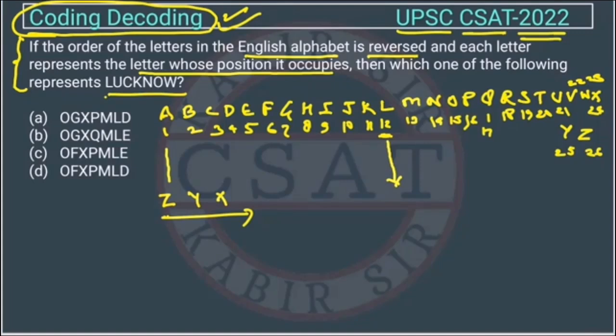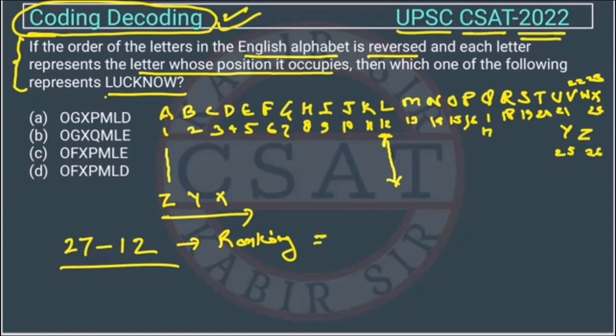We will determine it by subtracting from 27. This is just the concept of ranking. Suppose the rank from the top is 12. What will be the rank from the end? If you remember the formula, we normally add plus 1.